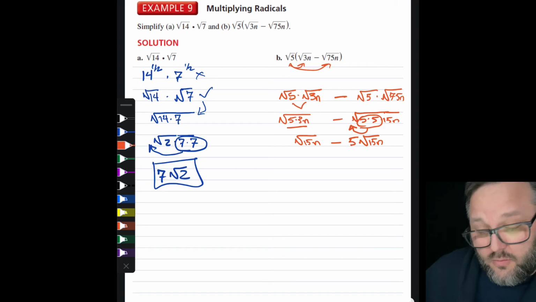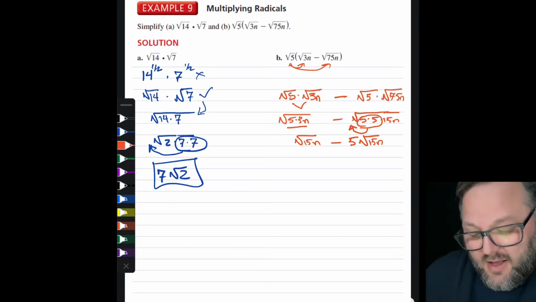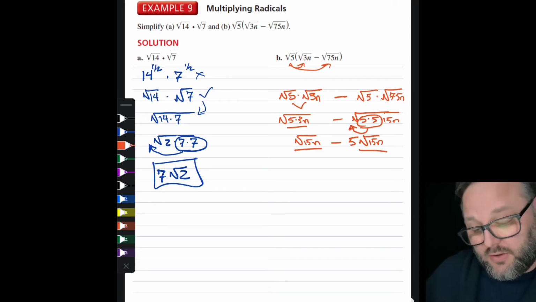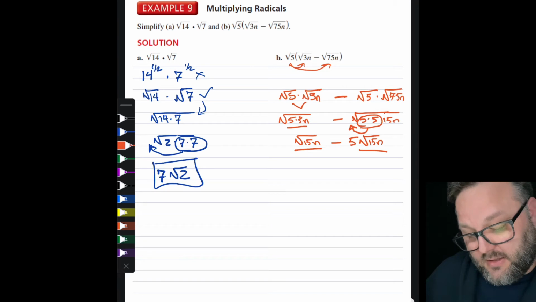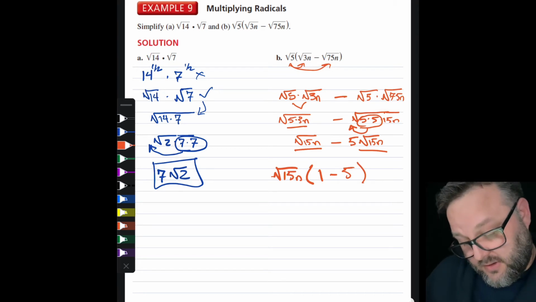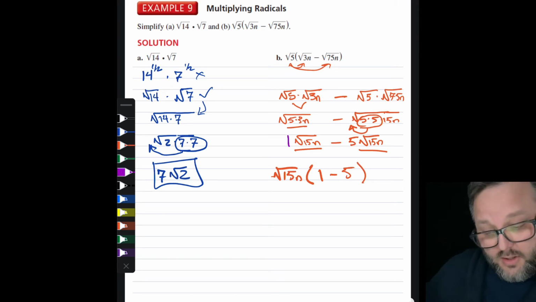Now, if I really wanted to complicate things, I could say this is my answer, but I could see that this is radical 15n and this is radical 15n, so I could use the distributive property again to say if I take that out, I have 1 minus 5, because there was an invisible 1 in front of that.